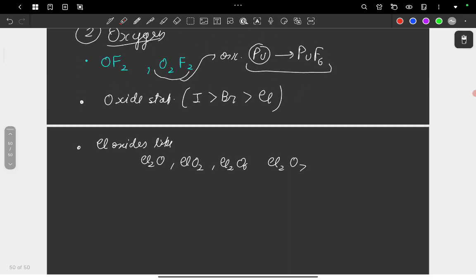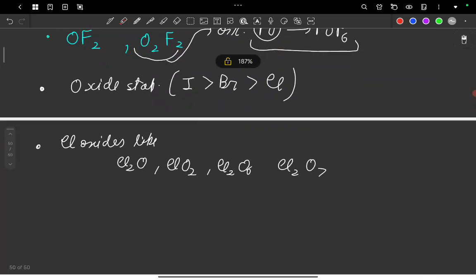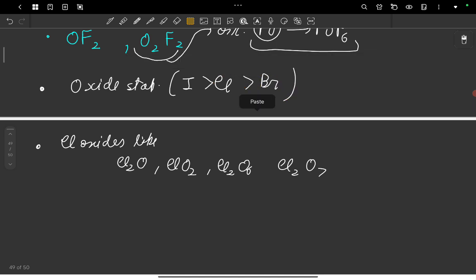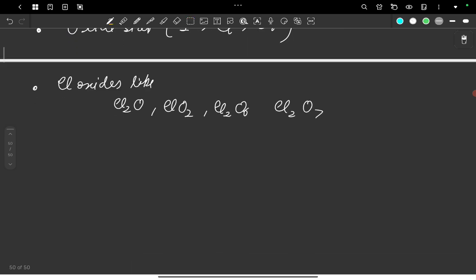Also, I am very sorry, I made a small mistake in this part. Actually, the order is that bromine oxides are less stable than those of chlorine. I didn't read properly, and in fact, even in my notes which are in front of me, it is written wrongly. So I am very, very sorry for that. So let's continue now.